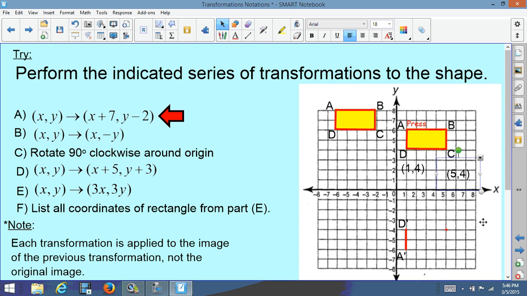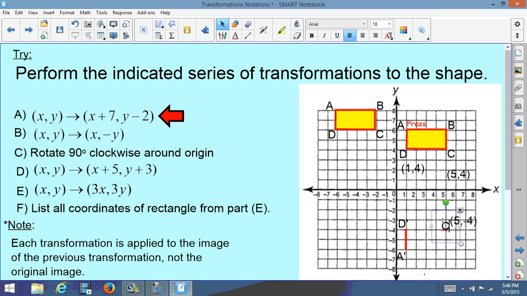And all I got to do is make the opposite of the y, which will be 5, negative 4. And that's this point right here. 5, negative 4. Okay. So that's point C prime.